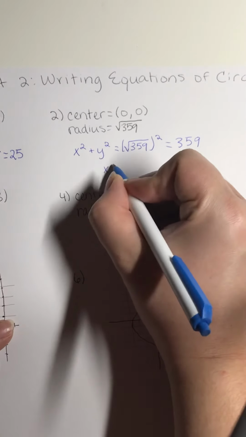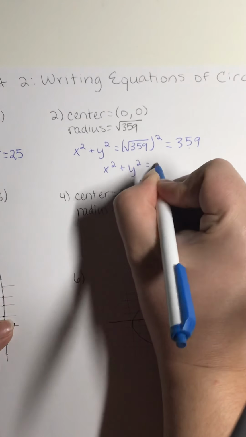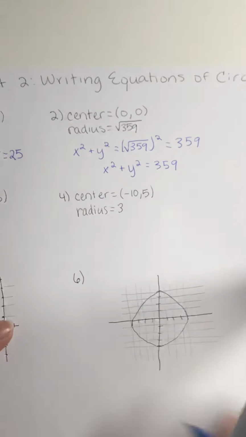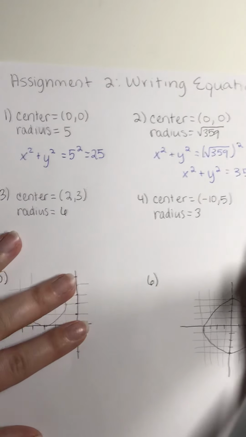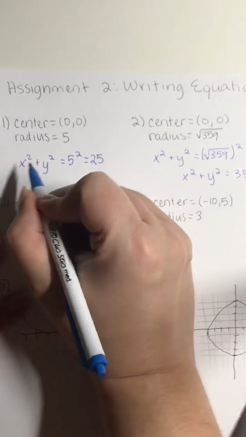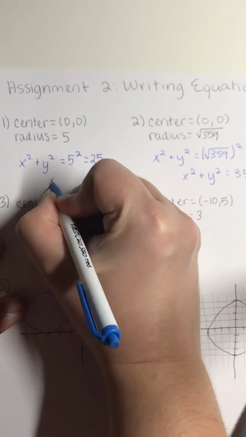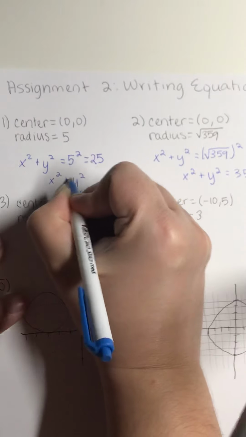So let me write that out again just so it looks nice. X squared plus y squared equals 359. And really, we probably should have done that for the first one too. But you don't have to. I would accept it looking like this. But really, just so it looks nice and we're 100% certain what our answer is, I'm going to write it out again.